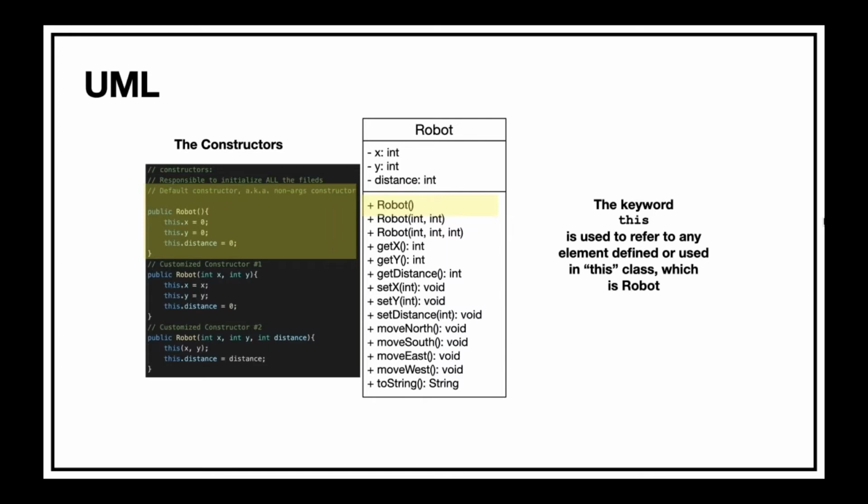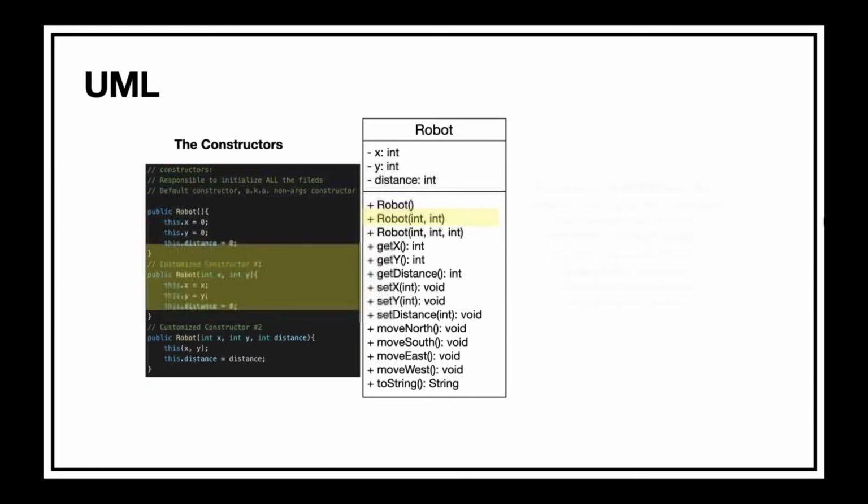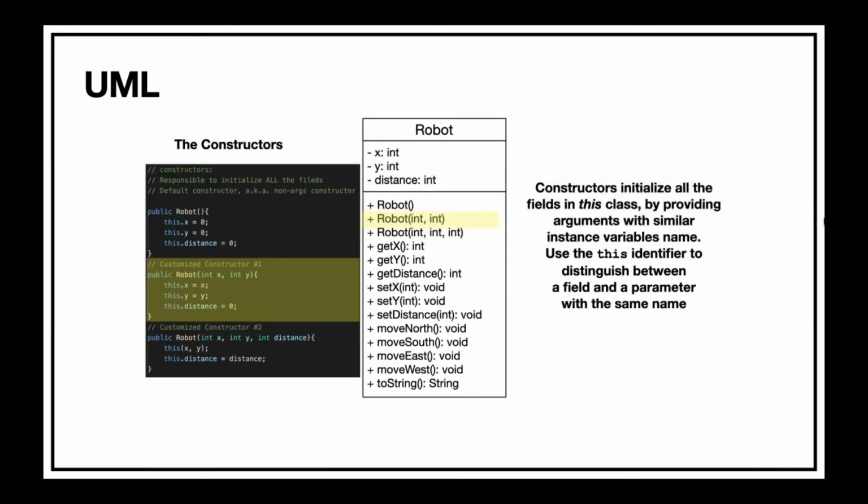Notice that every time we're referring to the fields, we use this.x, this.y, and this.distance. Also notice that every time we're referring to this, it helps us distinguish between the fields that we provide in this class versus the parameters. This is called shadowing.